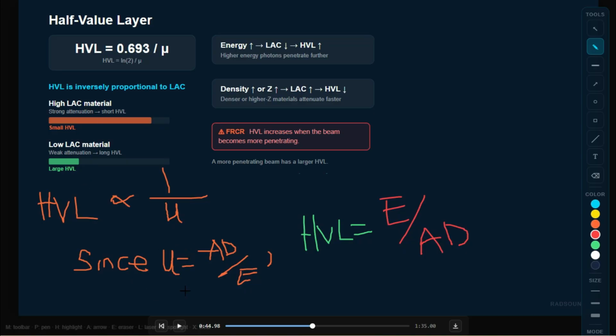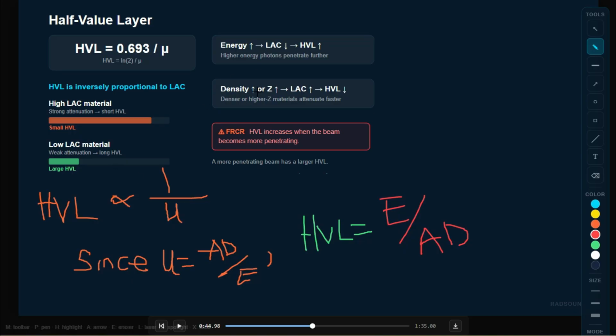Since the linear attenuation coefficient is determined by atomic number multiplied by density over energy, the half value layer is in inverse relation, equal to energy over atomic number and density. Meaning the half value layer will increase as energy increases, and decrease with an increase in atomic number and density.